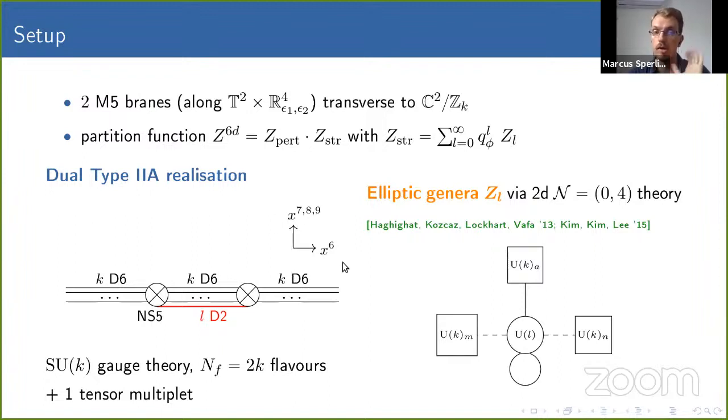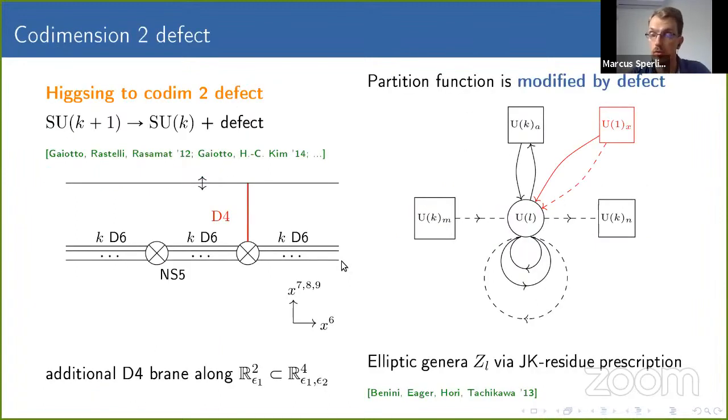But of course, this slide so far does not have any defects. So now we need to wonder, how do we introduce a defect into the theory? And for this, we start with a co-dimension 2 defect, which we can introduce via a modification of the Higgsing procedure. That means you can start from a theory higher up, such that you can, for instance, Higgs the SU(K+1) theory to the SU(K) theory, now in the presence of a defect.